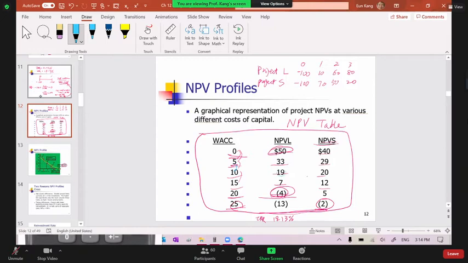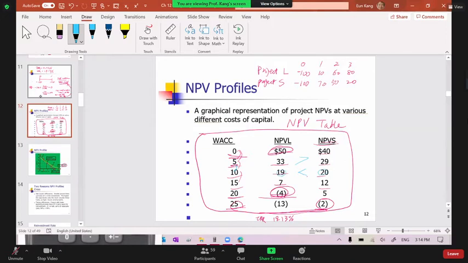It's 19, 20. So the present value of L is smaller than the present value of S, and then the present value of L is greater than the present value of S. So between 5% and 10%, there is just one WACC that makes the present value of L and the present value of S the same, right?